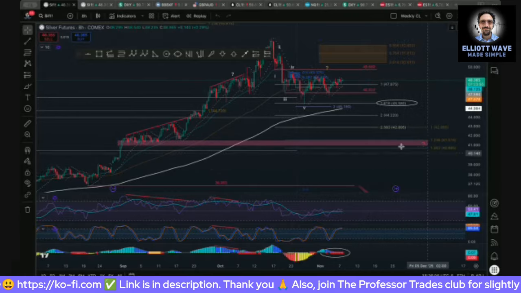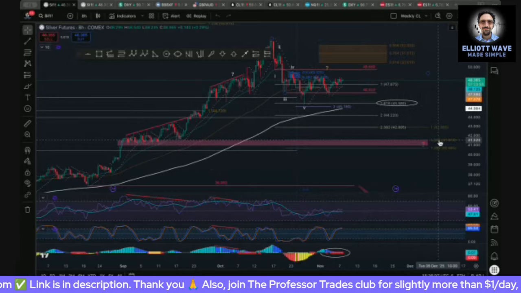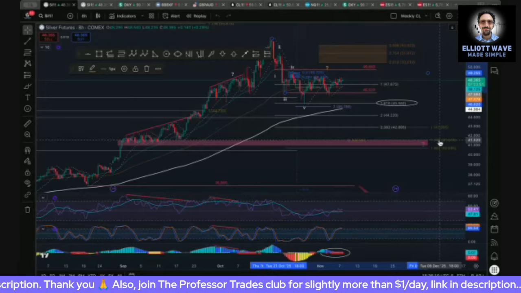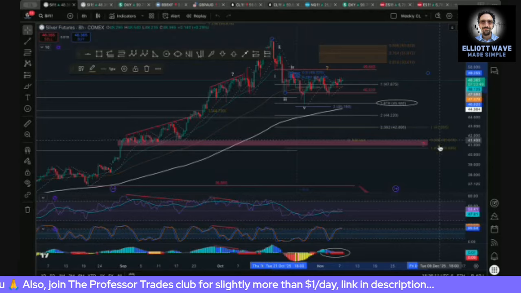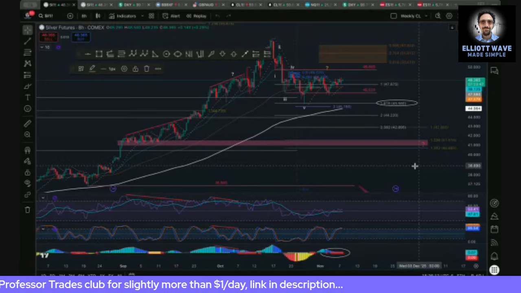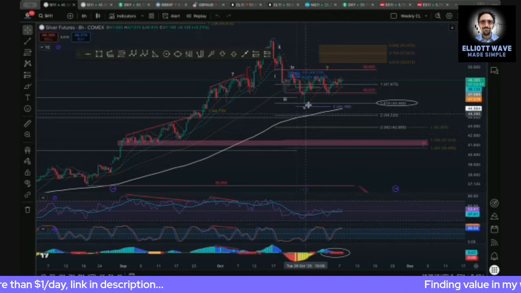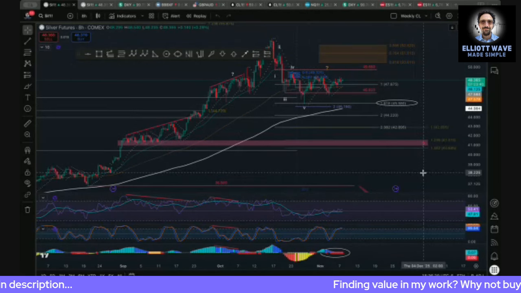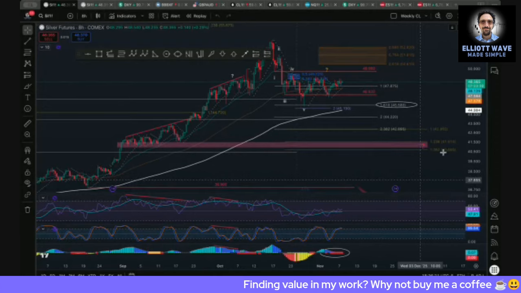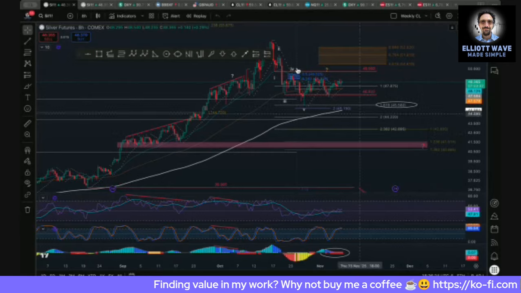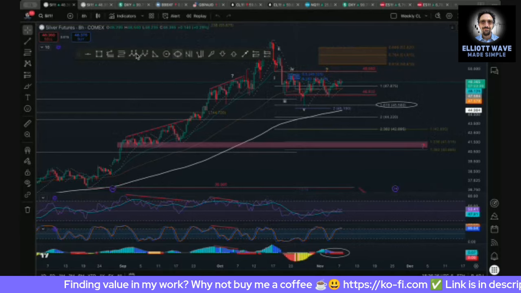This is more reasonable, where you might expect... I'm going to have to redo those fibs because I set these fibs before this structure completed. I longed it, and I'm still holding a small size long. But the main point I was showing you is the idea. Let me just put the labels on here.